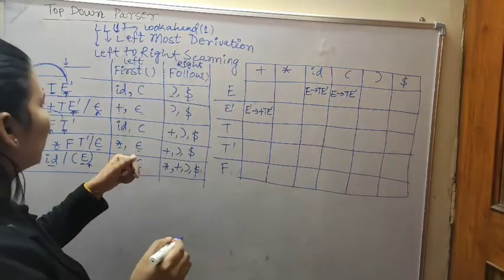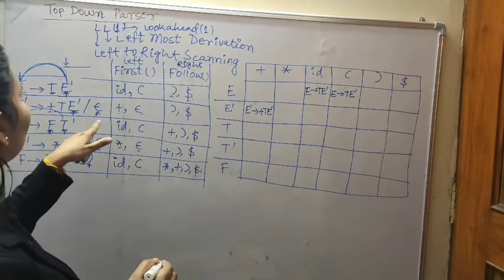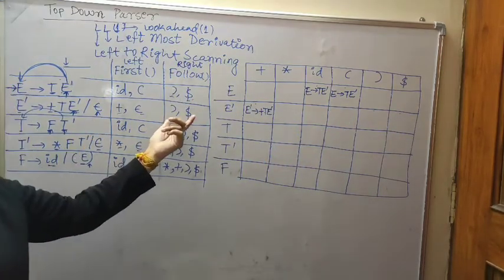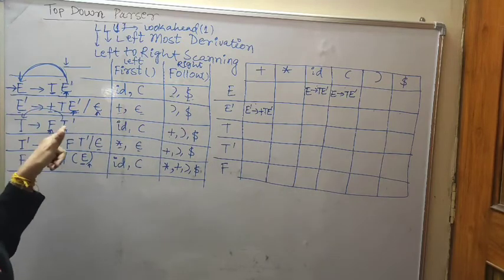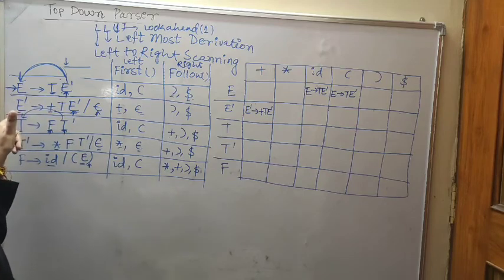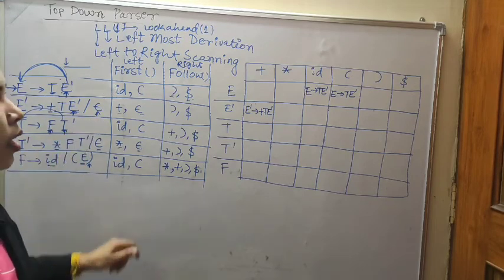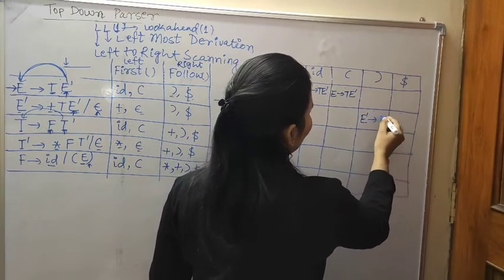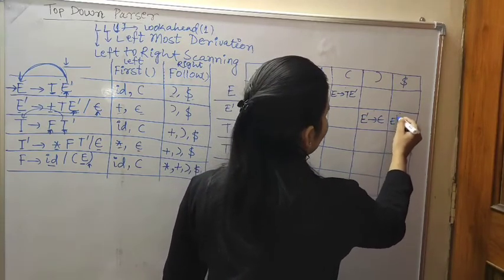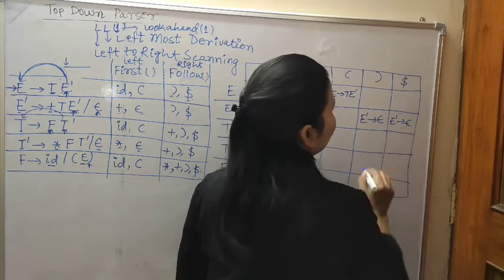These two places we write, because of epsilon we look in the follow function. So in the production rule, E dash to epsilon. Write E dash to epsilon.